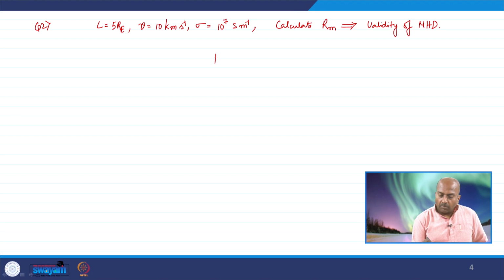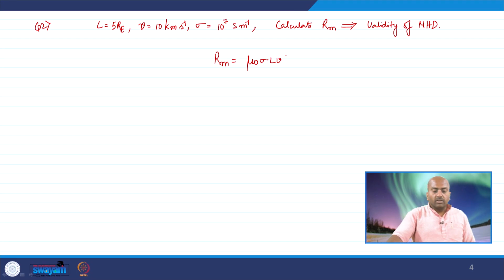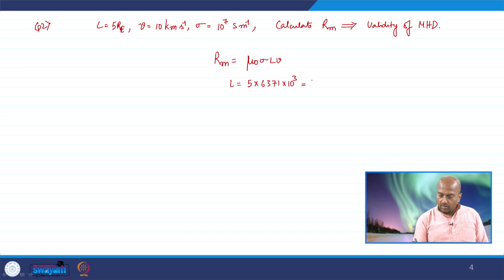Now, the Rm, the magnetic Reynolds number, can be defined as a simple formula as this: mu naught sigma L V. So, which is basically a relation between diffusion processes and advection processes. So, we know that capital L is 5 RE, 5 times 6371 10 to the power of 3, which is 3.186 10 to the power of 7 meters.